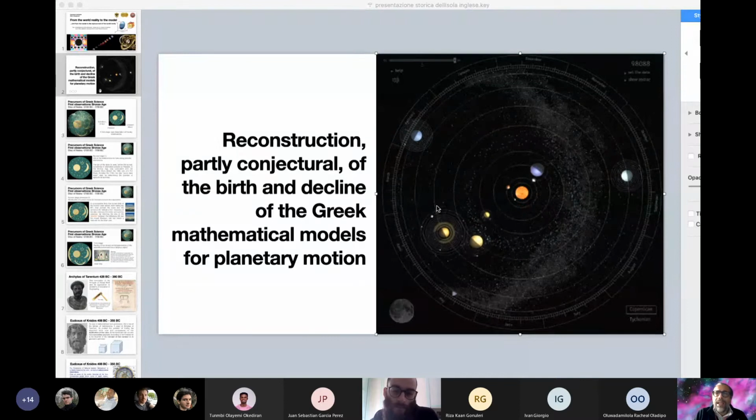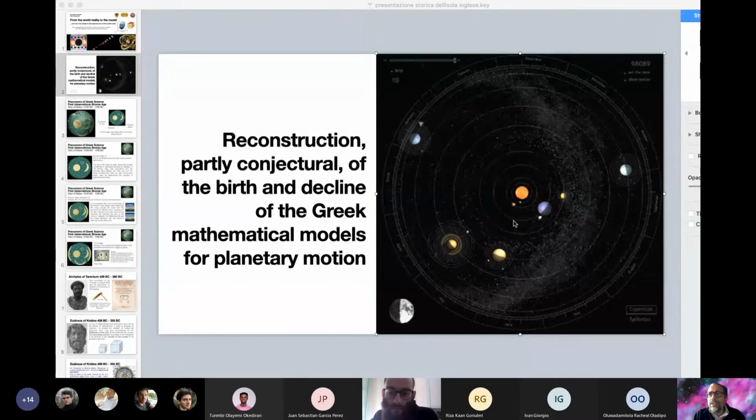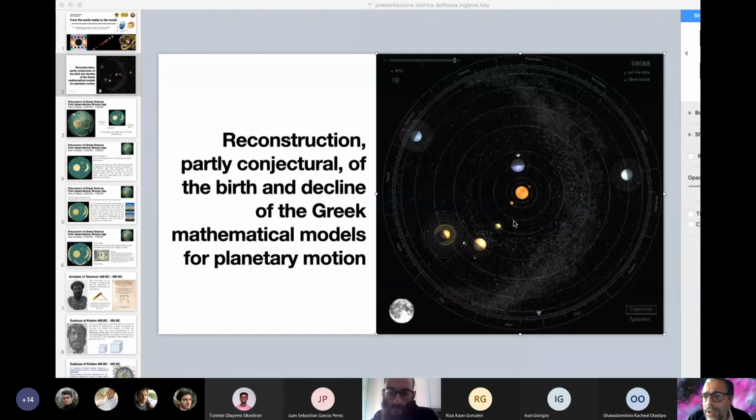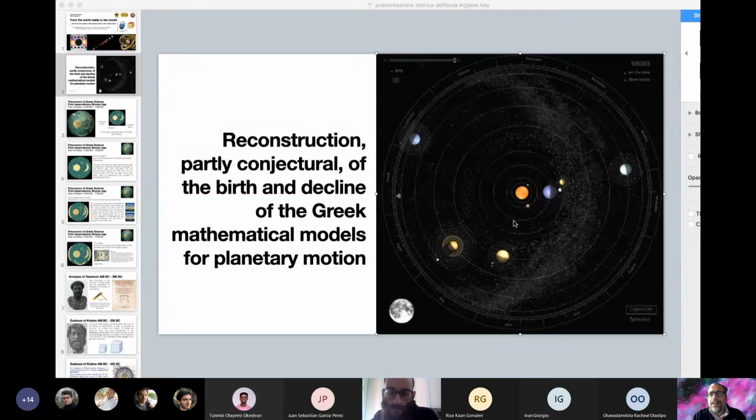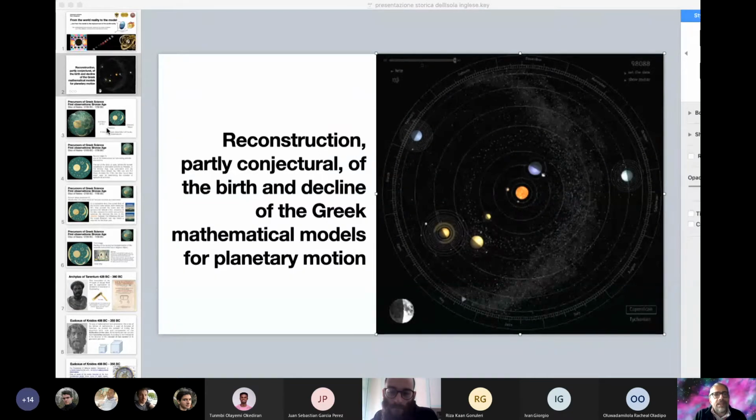Okay, and the scheme which I'm showing you here, talking about the solar system, is a schematic way for describing the motion of planets as conceived by, I would say, Copernicus. Actually, we should say Aristarchus of Samos. Okay, we will discuss this later.